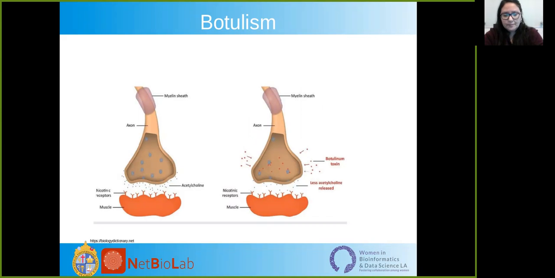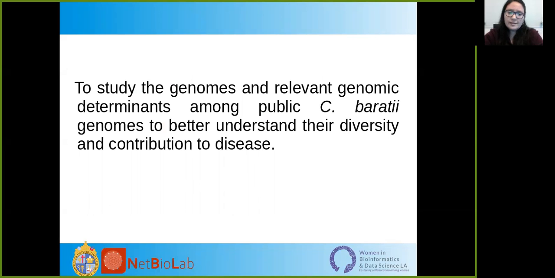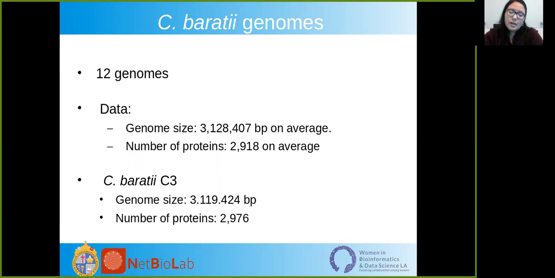For this reason, we study the genome and relevant genomic determinants among public Clostridium baratii genomes to better understand their diversity and contribution to disease. We used 12 genomes.